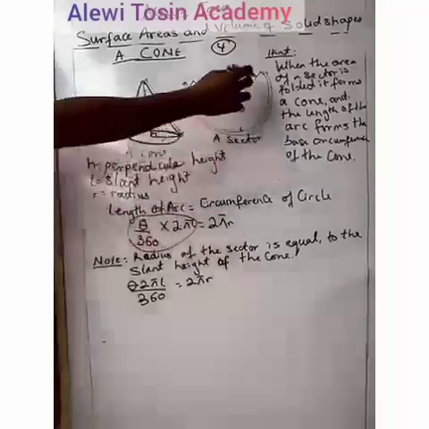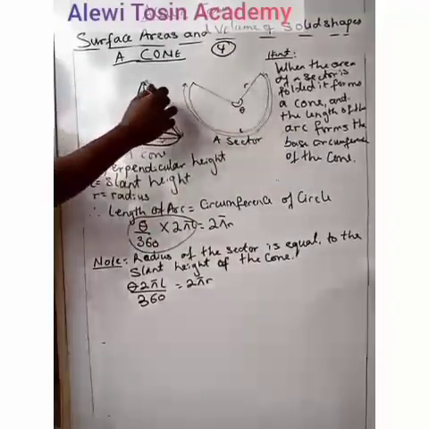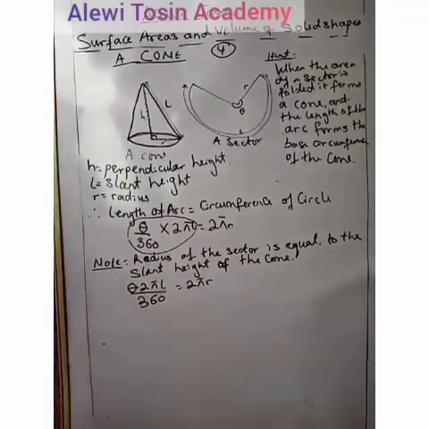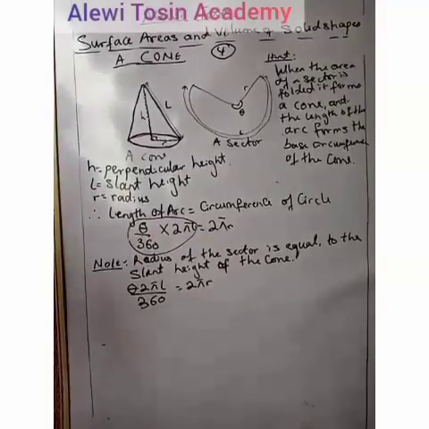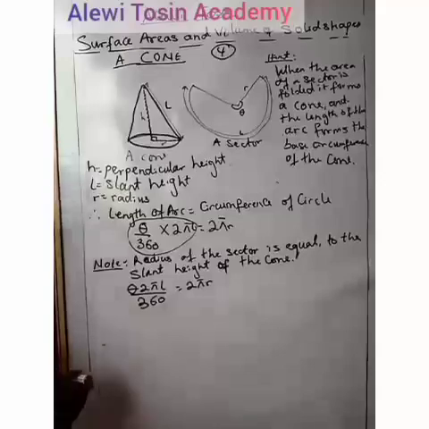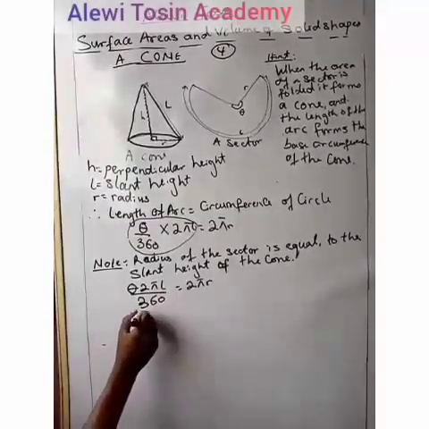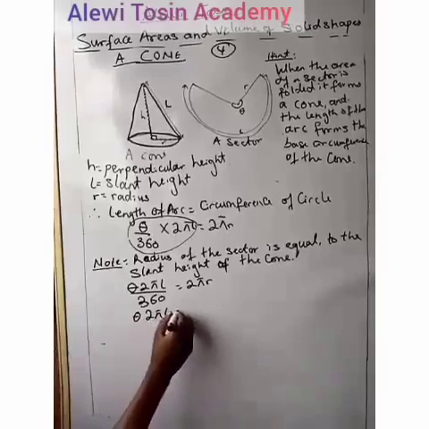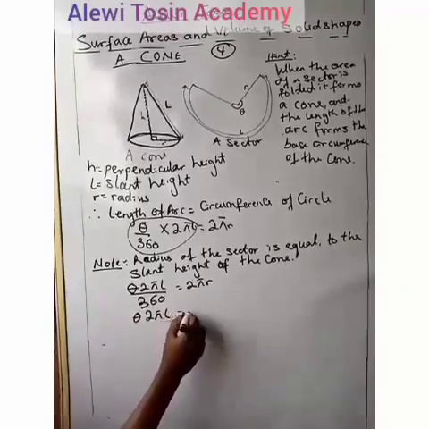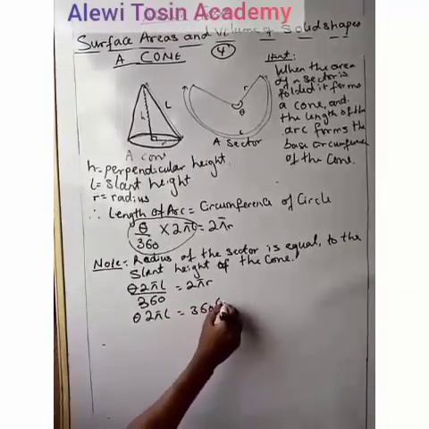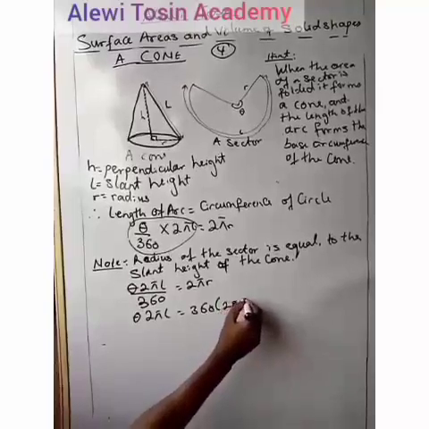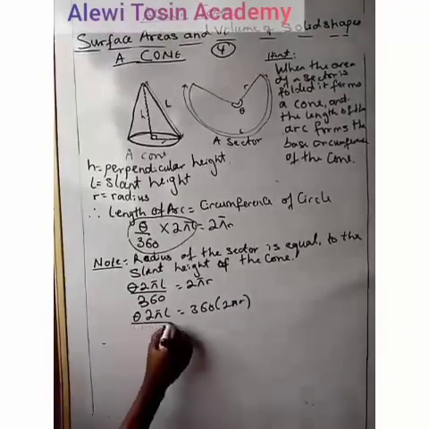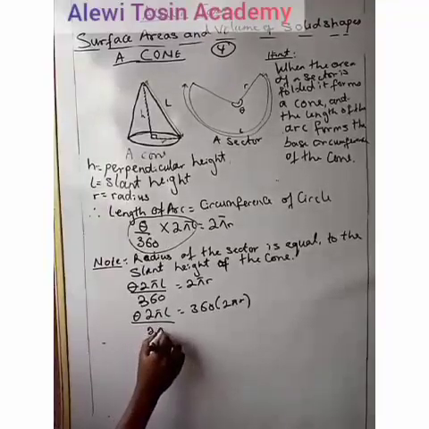Why? Because when we fold the sector, our R here becomes our slant height. So theta over 360 times 2 pi L equals 2 pi R, that is theta times 2 pi L is equal to 360 times 2 pi R. Now let's divide through by 2 pi.